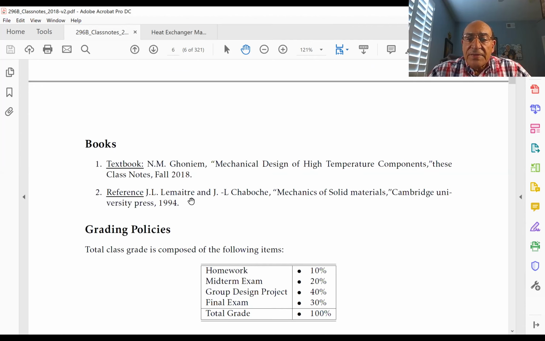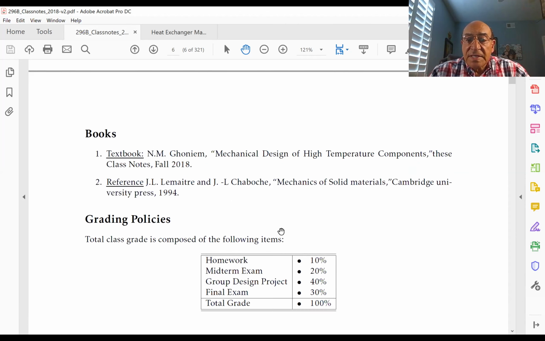And then there's a reference that some of you may find interesting or important if your field of study is mechanics, for example. You might want to have a look at this book written by Lemaitre and Chaboche, and the title is Mechanics of Solid Materials. It's a little bit advanced course, advanced topic here in the reference, and therefore it's not required in my course, but it is for those who want to go a little bit curiosity beyond the course material.